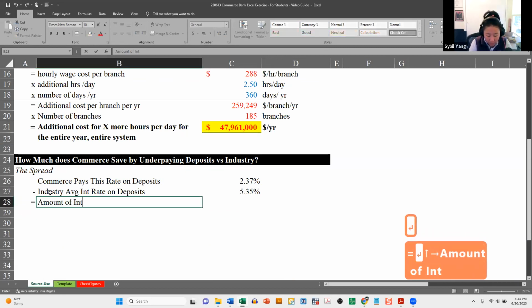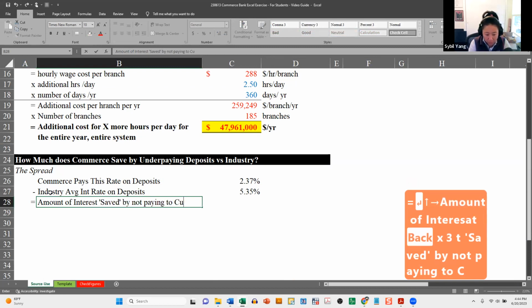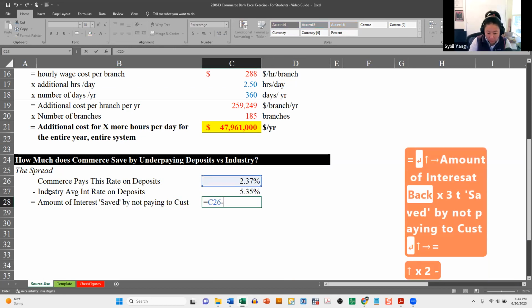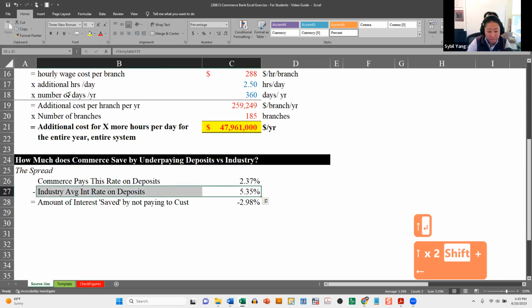The amount of interest saved by not paying to customer. What I paid versus what the industry paid. So Commerce on average pays 2.98, about 3% less than industry. Okay.